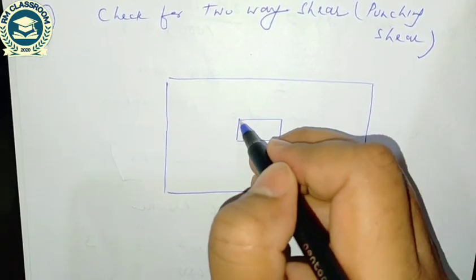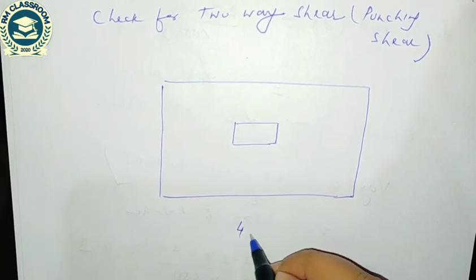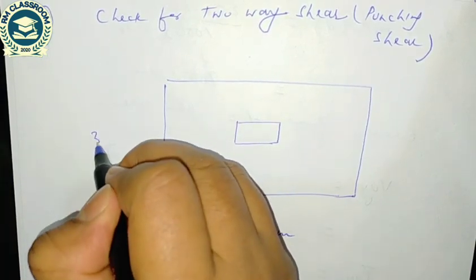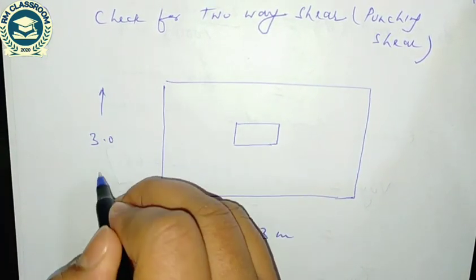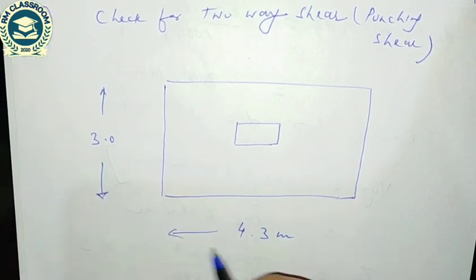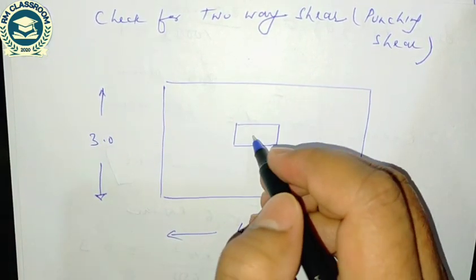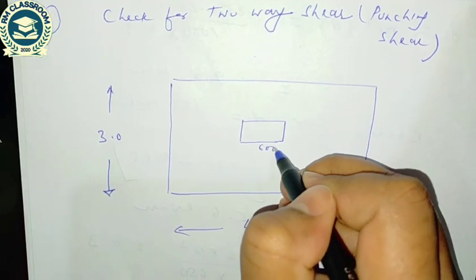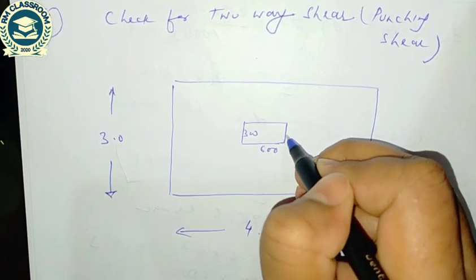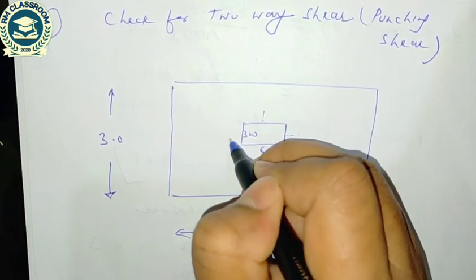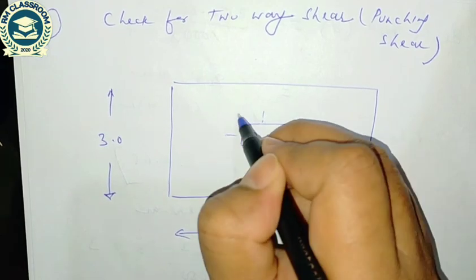Let us assume this is the dimension of the column. This is 4.3 meter, this is 3 meter. The size of the column is 600 by 300. At a distance of d by 2, we have to take the critical section.